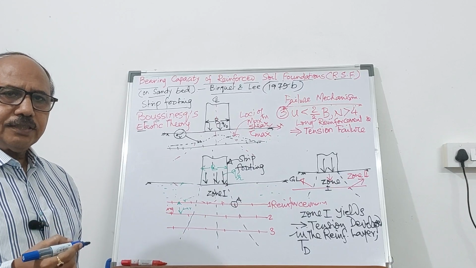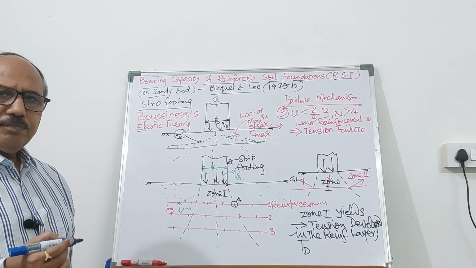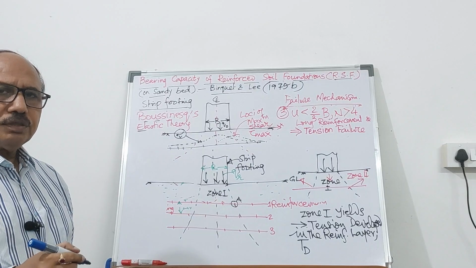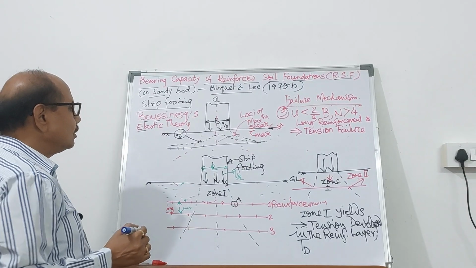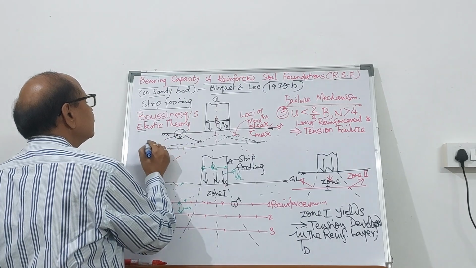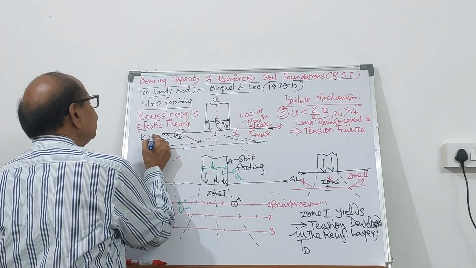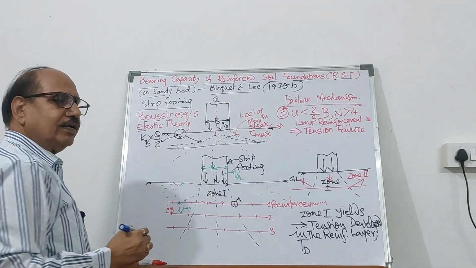All of you know it: Boussinesq coefficient Kb multiplied by the load Q divided by depth Z square. That's the value of vertical pressure.